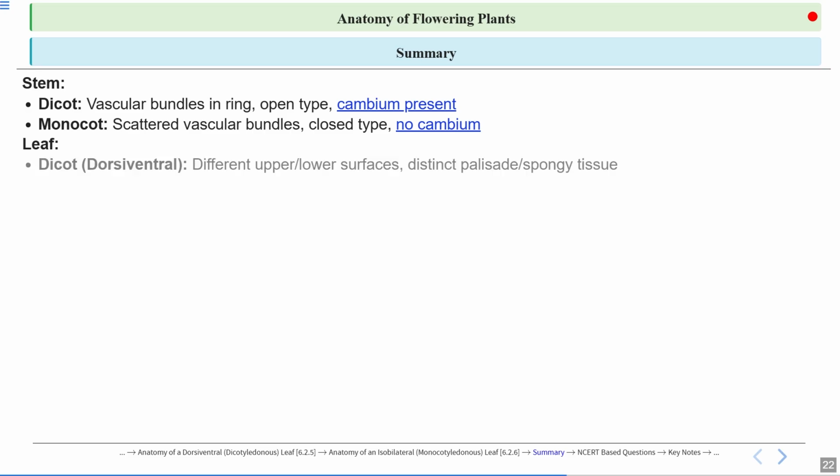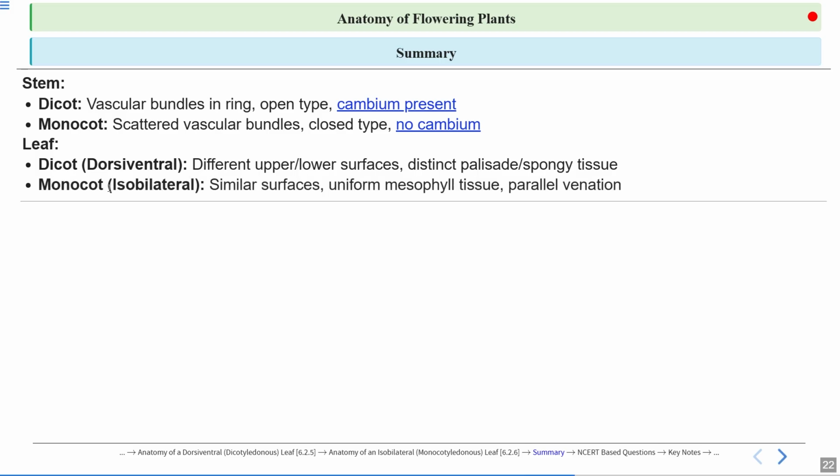Leaf: dicot has a dorsiventral leaf with different upper and lower surfaces, and distinct palisade and spongy tissue. What about the monocot? Isobilateral. This leaf is called isobilateral: similar surfaces and uniform mesophyll tissue. Only one type of mesophyll tissue is there, and they have parallel venation.